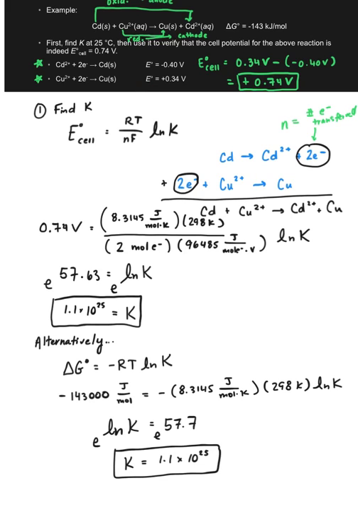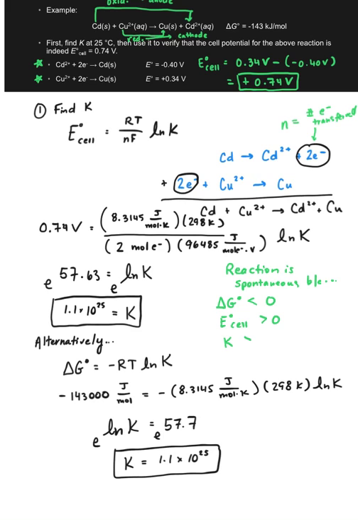Overall, there are 3 pieces of evidence that point us towards this reaction being spontaneous. For one thing, our reaction is spontaneous because delta G is negative. Because our overall standard cell potential is positive.